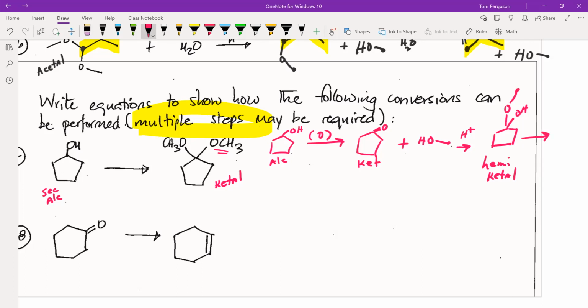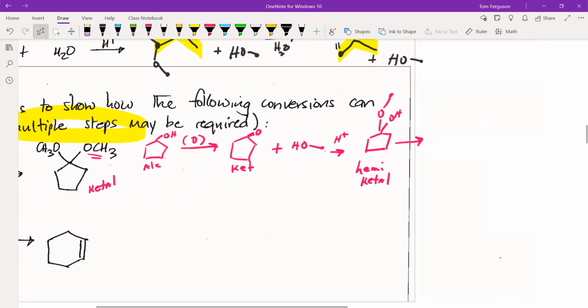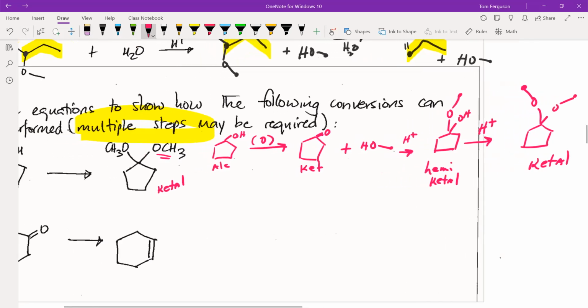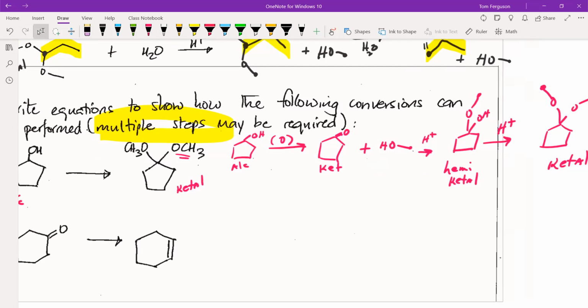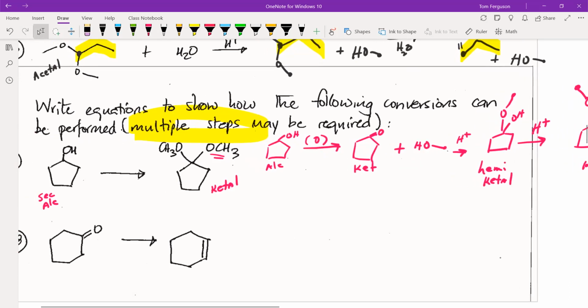And do the same thing again. So the key step is this first one where you have to get a secondary alcohol to oxidize to give you the ketone. And once you get the ketone, you add in the alcohols.